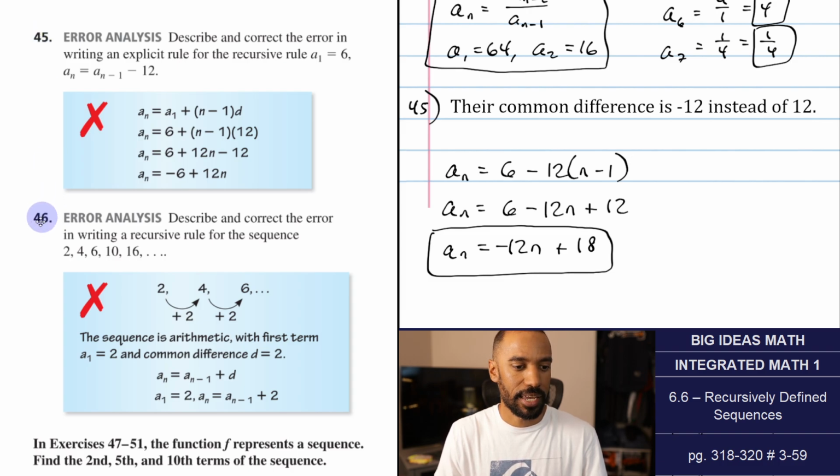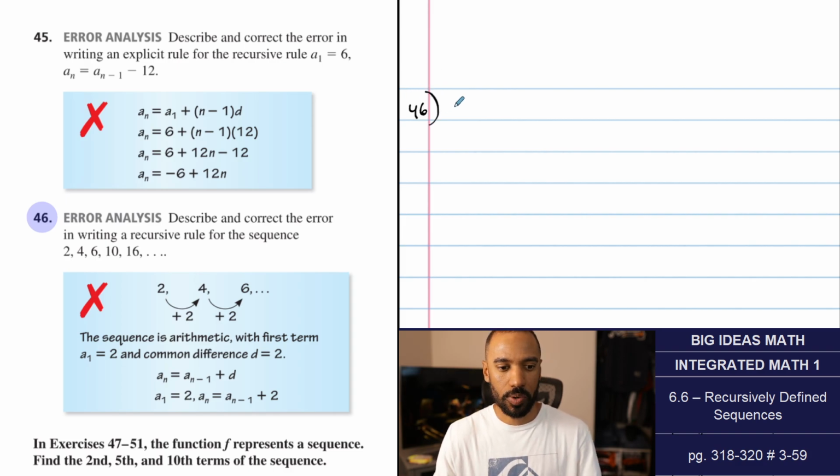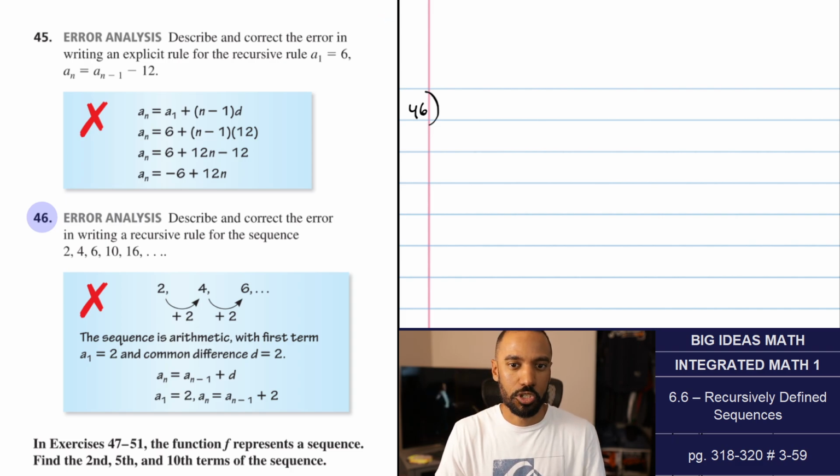On number 46, this looks like a special case thing of sorts. Looks like they treated it, see, they saw the first two, and I get it. They saw the first two and just assumed the pattern was plus 2 each time. But if you notice here, now it's plus 4 and then it's plus 6.